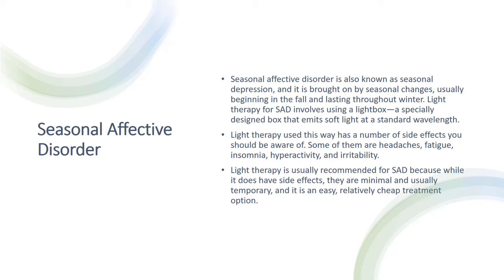Light therapy used this way has a number of side effects you should be aware of. Some of them are headaches, fatigue, insomnia, hyperactivity, and irritability. Light therapy is usually recommended for SAD because while it does have side effects, they are minimal and usually temporary, and it is an easy, relatively cheap treatment option.